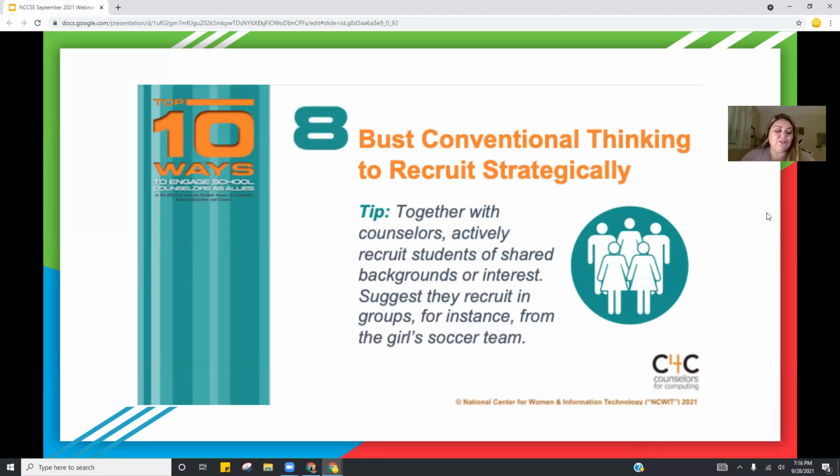Now, I know teachers and counselors especially don't like to change schedules just so that you can be with your friend, but this might be a time to get them interested in something new that could be very beneficial and let them feel more comfortable, right? So busting that myth of, they're not just going to be in my room talking, right? They're going to be in my room and they're going to be engaged and they're going to feel supported by each other.